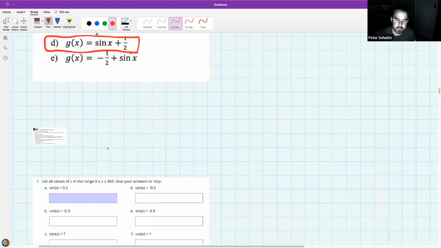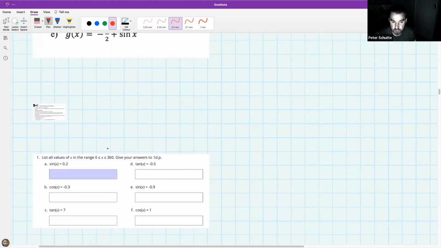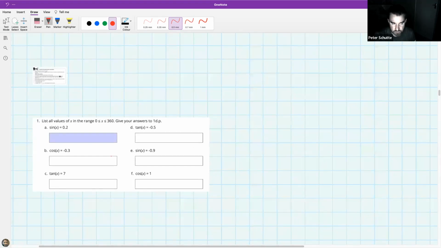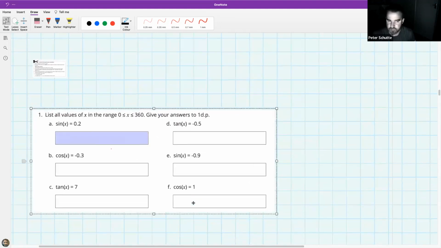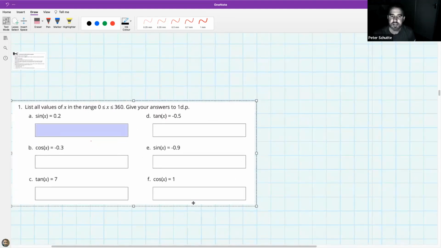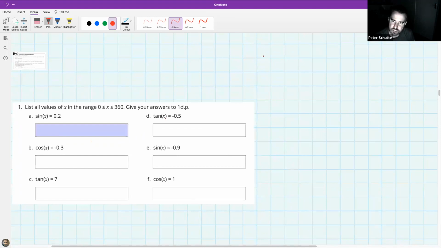Now, another part of trig graphs is solving trig equations. It's quite important that you have a good understanding of how to solve trig equations quite quickly. And I also want to connect trig equations to intersection points. So say, for example, I say to you, sine of x equals 0.2.